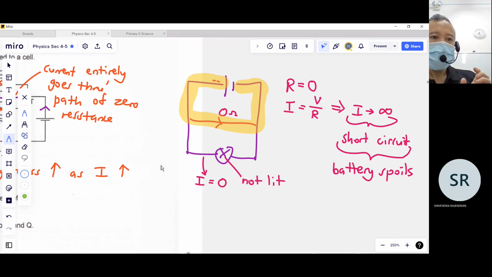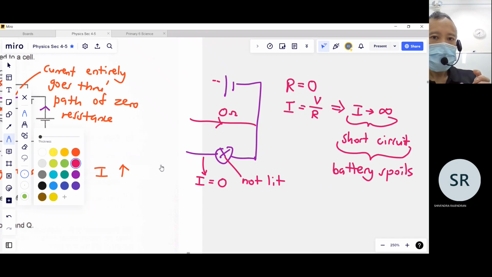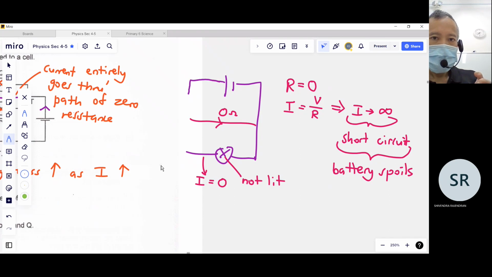But let's just say I have something here. Then in this case, it's still not too bad because the resistance there is still resistance.